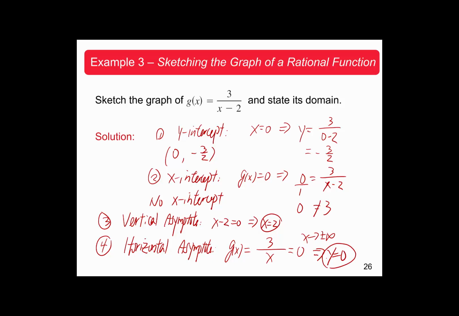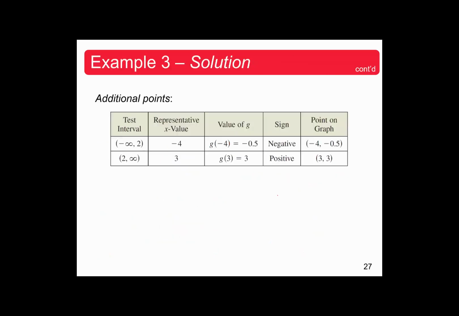Yeah. The next thing is testing in intervals. So you look at the x values here, just 0 and 2, right? So we're going to use those two. The domain here is negative infinity to positive infinity except 2.